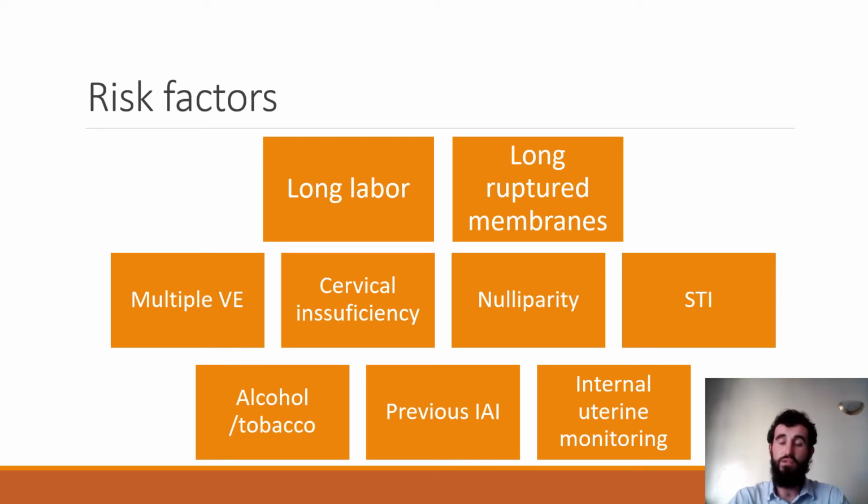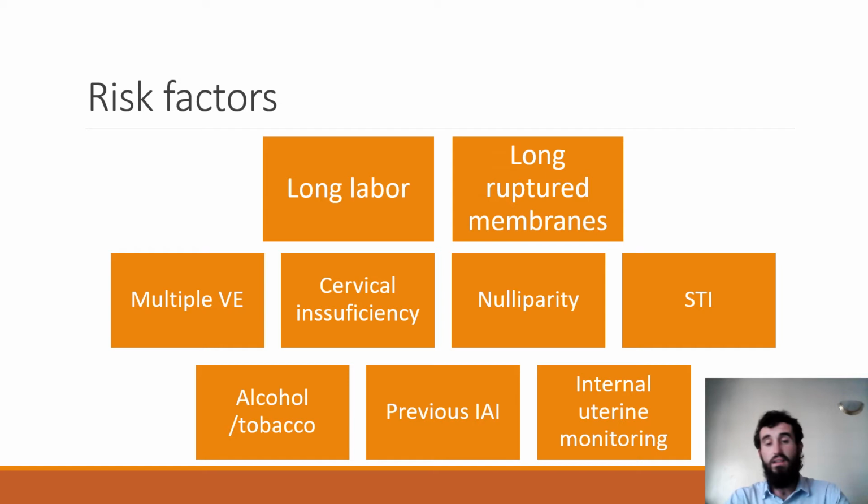Which are the risk factors of chorioamnionitis? We have two main risk factors. First, long labor, and second, long rupture of membranes. That's why we include this chapter in the rupture of membranes. But we have many other risk factors, like making multiple vaginal exams in a patient. It's recommended to remember that we always have to maintain the sterility of the glove, because it's not the same to make multiple exams with a non-sterile glove than with a sterile glove.